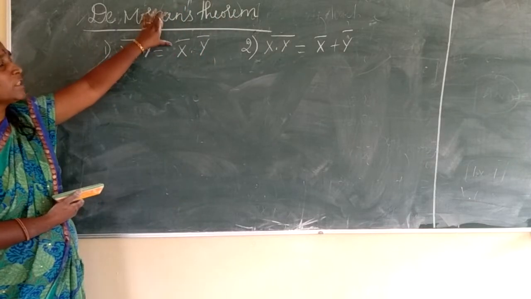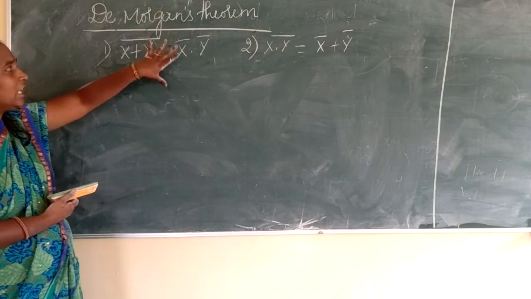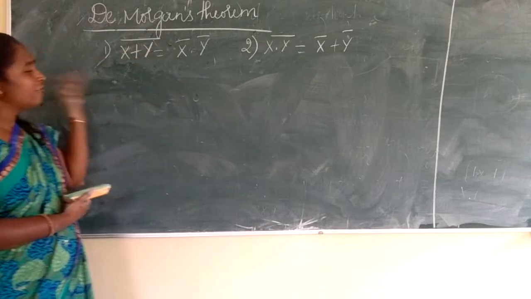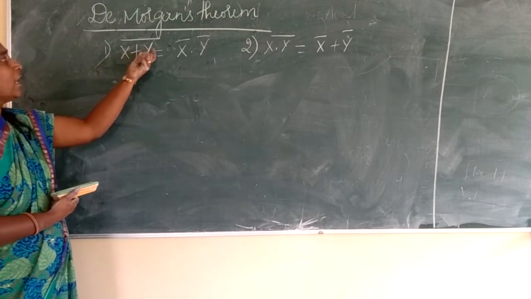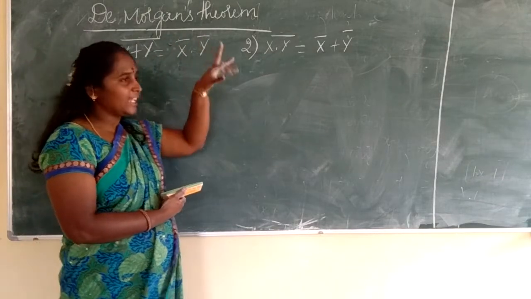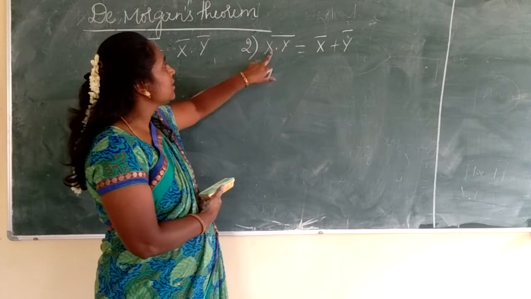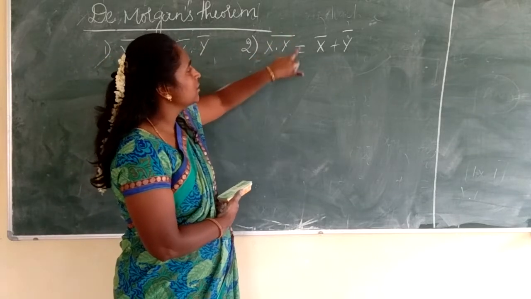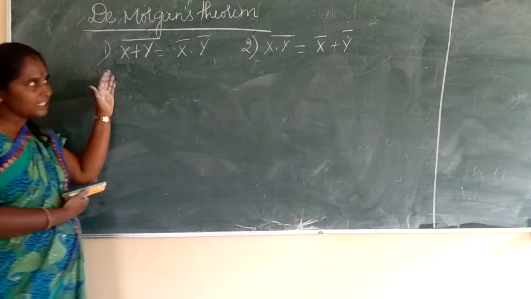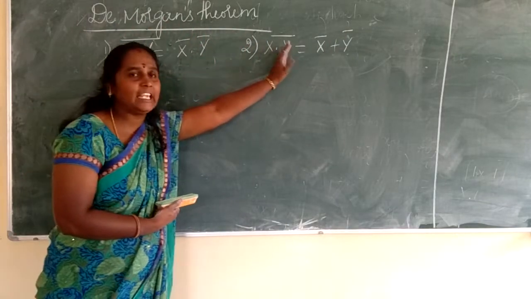You are going to use Boolean algebra to solve expressions. The first theorem is x plus y whole bar equals x bar into y bar. De Morgan's second theorem is x into y whole bar equals x bar plus y bar. First we will see the first theorem, then we will move on to the second theorem.